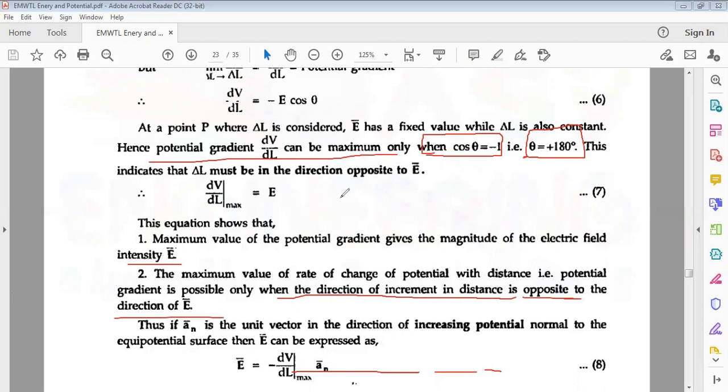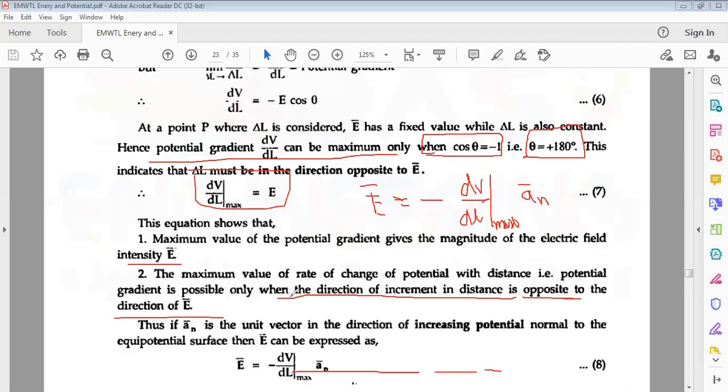So E bar is equal to, now I'm taking this vector in terms of direction, E bar is equal to minus dV by dL at the maximum. The negative sign indicates opposite direction. Whenever I take a scalar quantity here, and when it is a vector quantity, the direction can also be represented by a unit vector a_n bar.